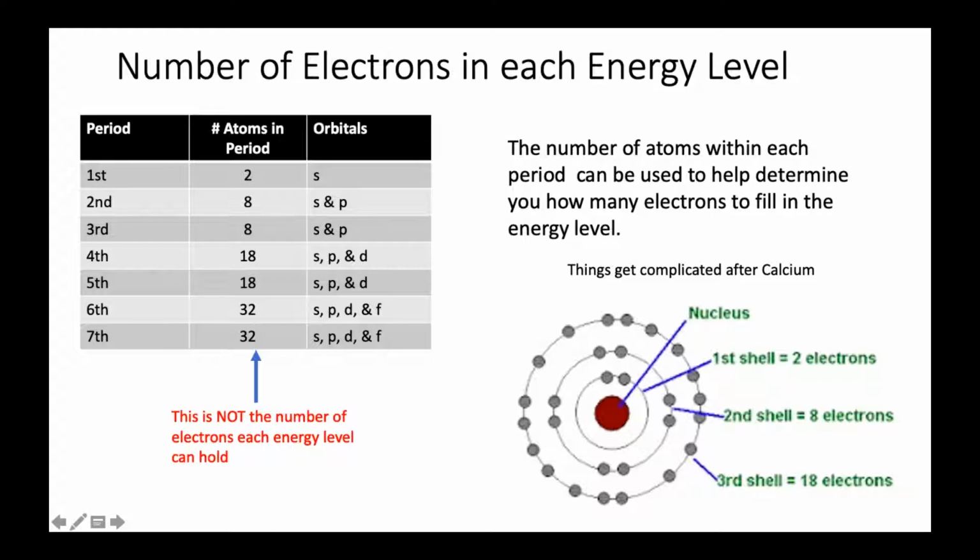So the number of atoms in the row does not tell you how many electrons are in each energy level. However, it does tell you the number of energy levels. So it gets complicated, okay?